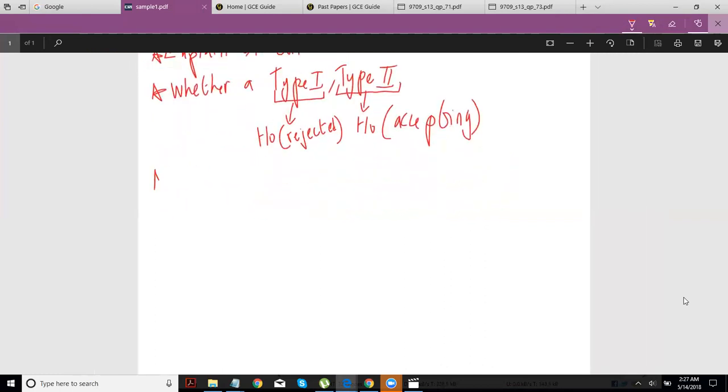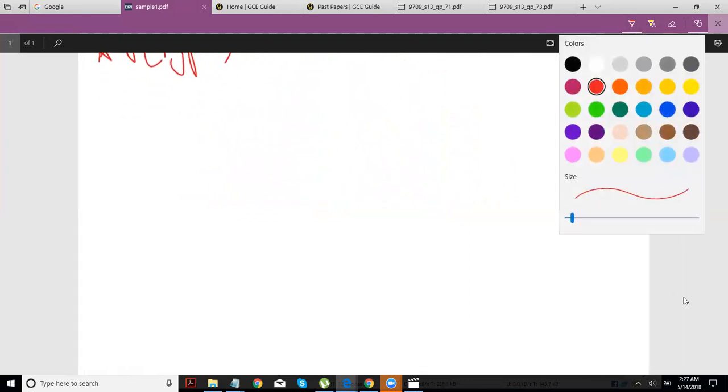And obviously the main question is they'll ask you to find the probability of a type 2 error. Now the idea here, and with questions like this, they'll always give you the true value.